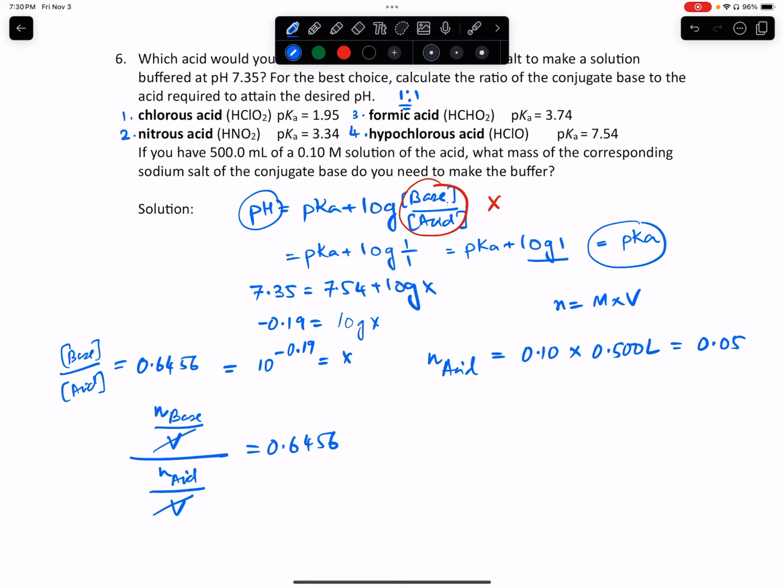So the volumes cancel out. We know the moles of acid, which we just figured out. So the number of moles of base over 0.05 is equal to 0.6456. That gives us moles of base equal to 0.03228.